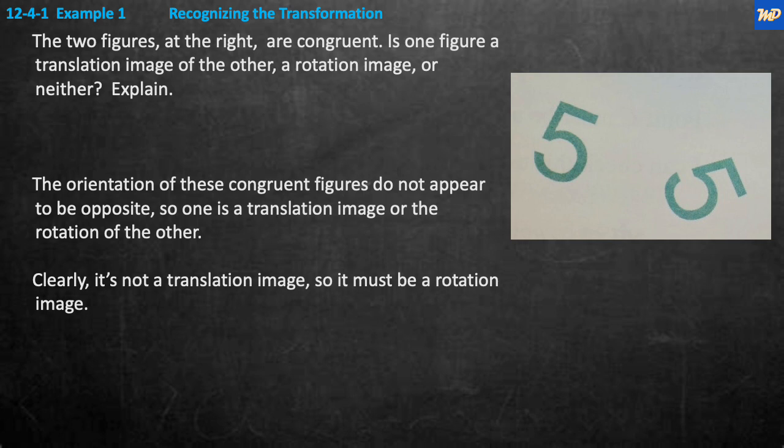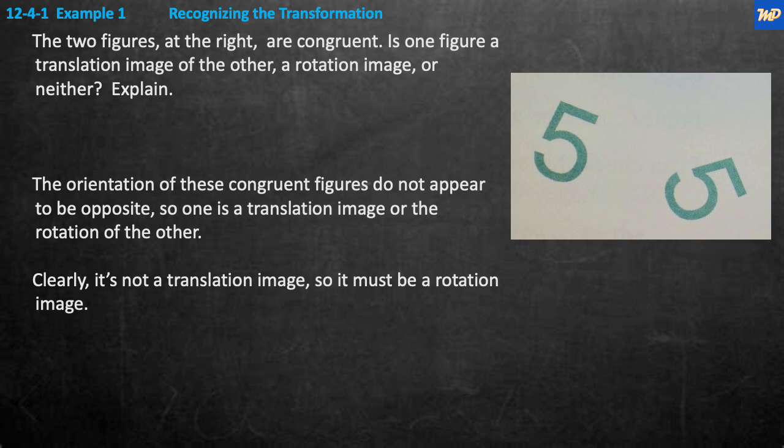The two figures at the right are congruent. Is one figure a translation image of the other or a rotation image, or neither? Explain. Well, as you look at that, is it a translation or a rotation? The orientation of these congruent figures does not appear to be opposite, right? So they're not flipped. There's no reflection involved.